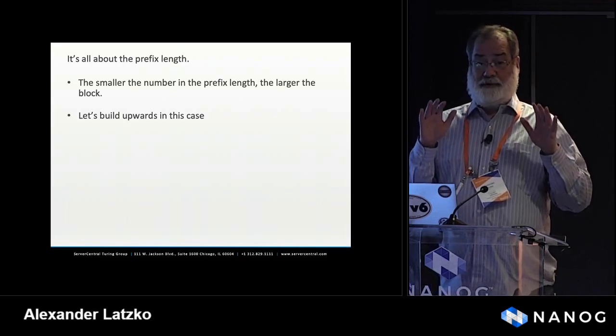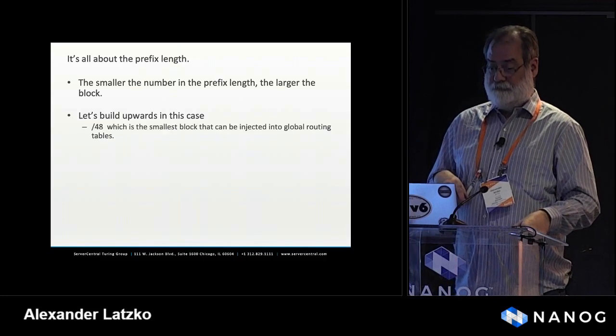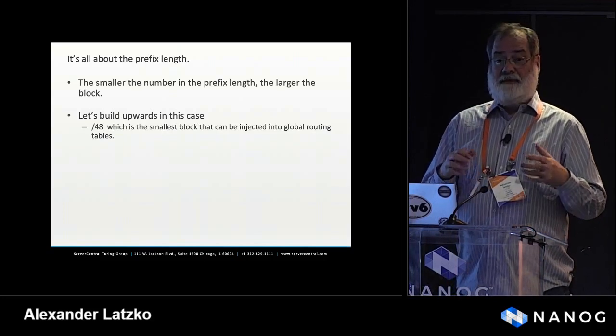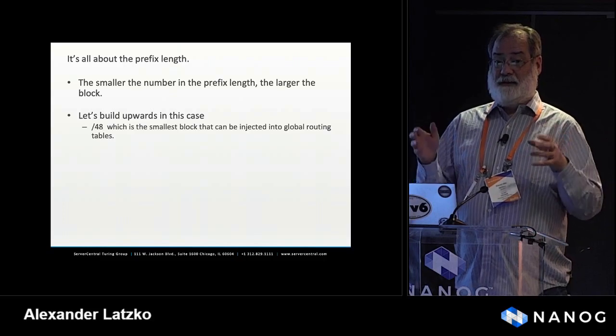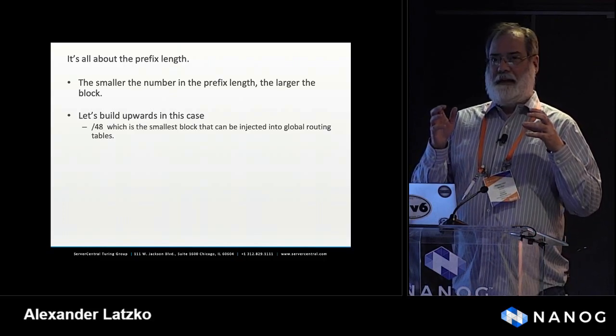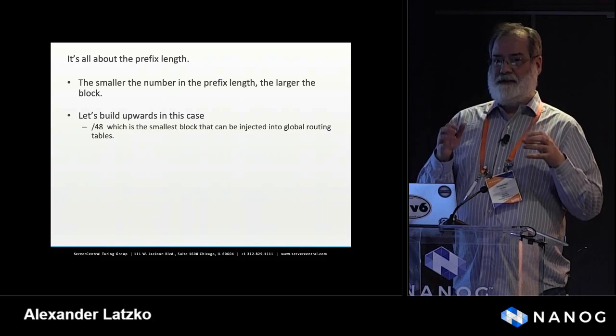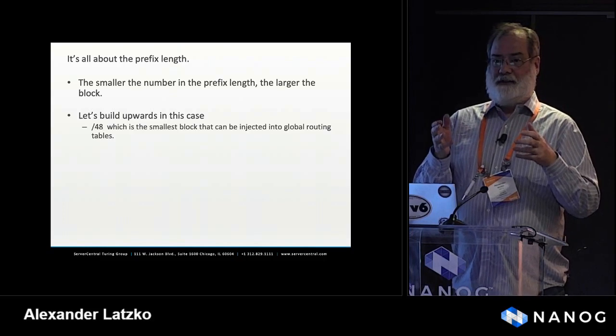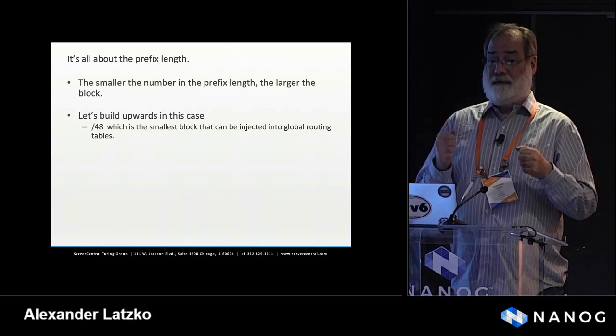So we're going to build upwards. /48 is important. Even though a /48 is a huge amount of space, it's kind of like a /24 in v4 land. What's the smallest block you can inject into the public IPv4 routing tables?